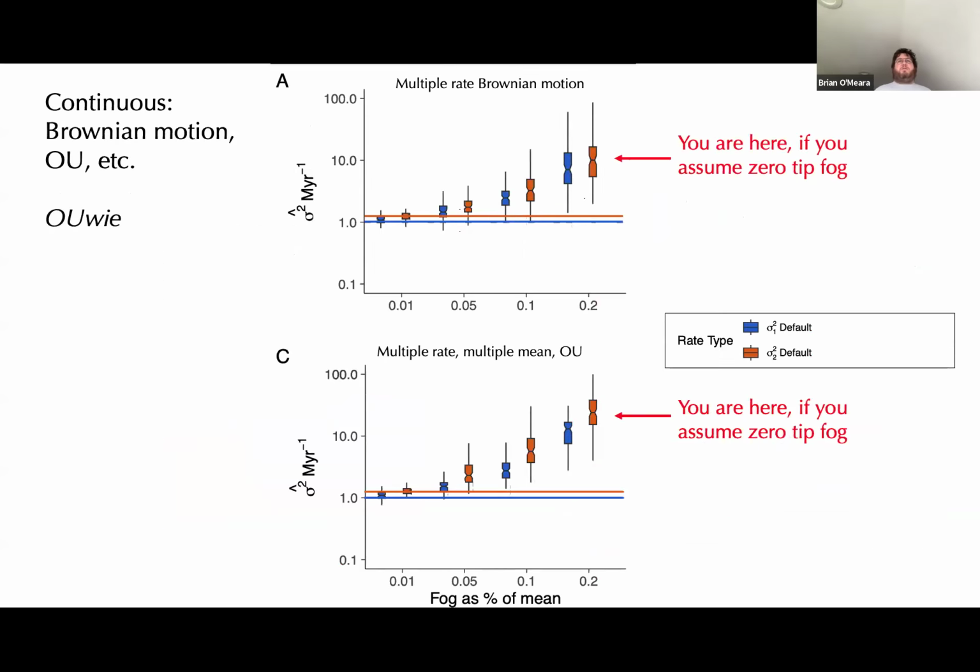And so we first did it with continuous data, like height, body size, things of that nature. And so if we say the truth is these horizontal lines for rate, and note this is on a log scale, if you assume no measurement error, no tip fog, you get very, very ridiculously high rates. It should be a rate of 1, they're actually rates of 10.